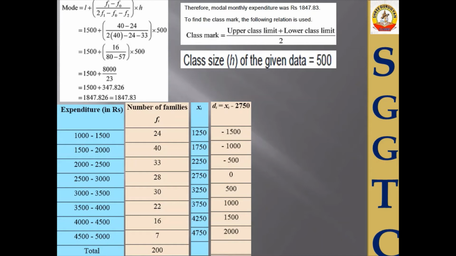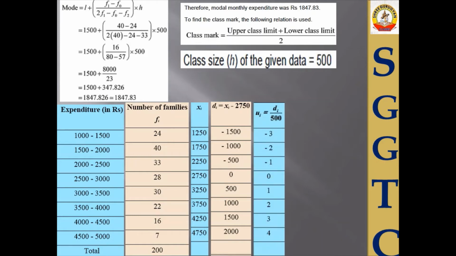Now, students, check what is the central value of xi. Yes, the central value of xi is 2750. Students, here there are two central values, 2750 and 3250. As you like, you can suggest either one as the assumed mean. 2750 is also true and 3250 is also true.